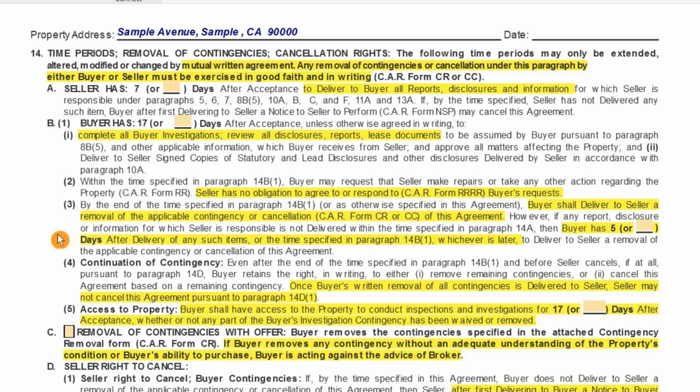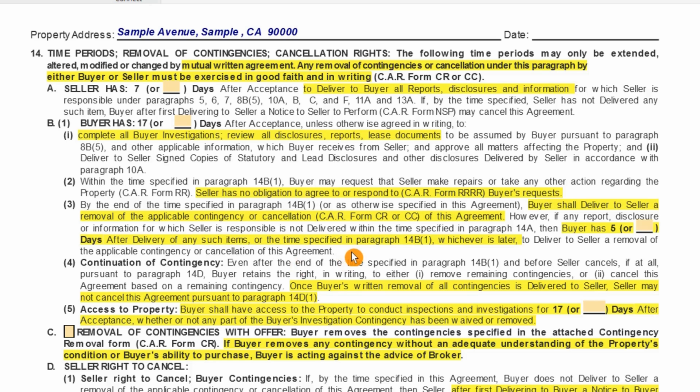But if, moving down here to the next highlighted part, the seller hasn't delivered the disclosures that they're responsible for within the time specified in the paragraph above, then the buyer has 5 days after delivery of any of those items, or the time specified in a paragraph above, whichever is later.